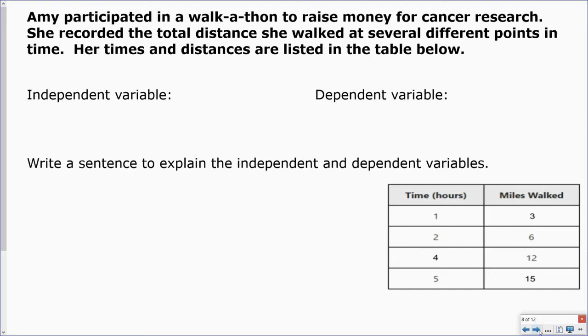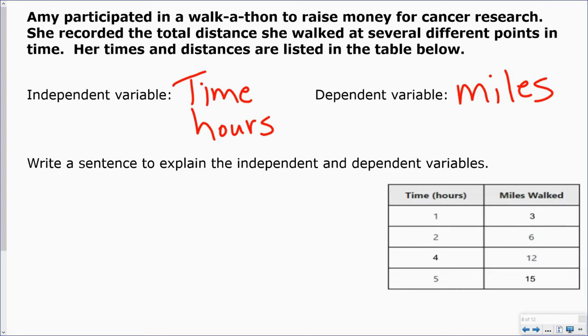So now when we're looking at our table here, the independent variable is the hours or the time walked. Time or hours. And the dependent variable would be the miles that she walked. Because how many miles she walks depends on how long she walks. So that would be our statement here.